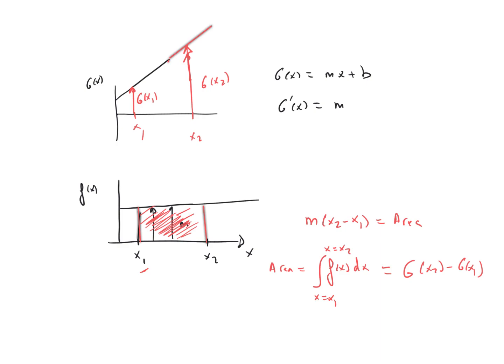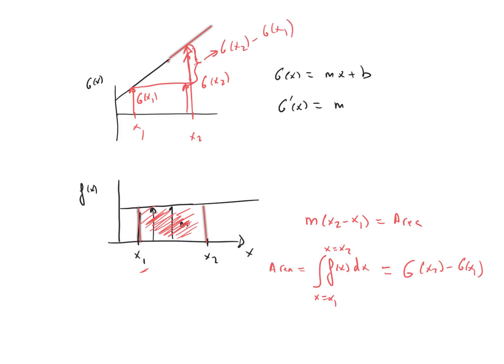This is g of x1, everything is g of x2, so the area is this portion, g of x2 minus g of x1.